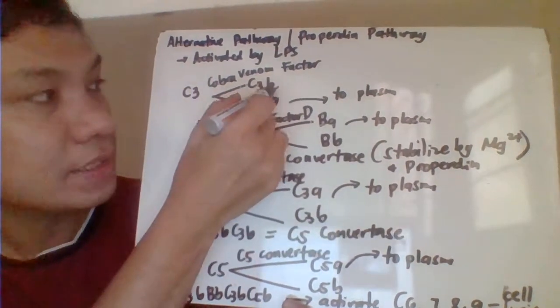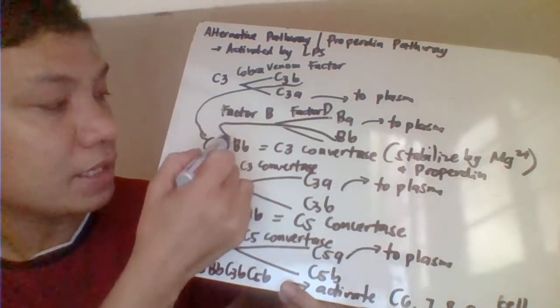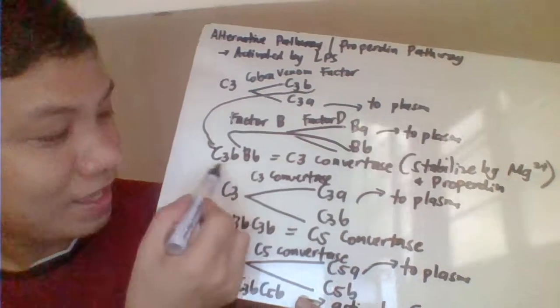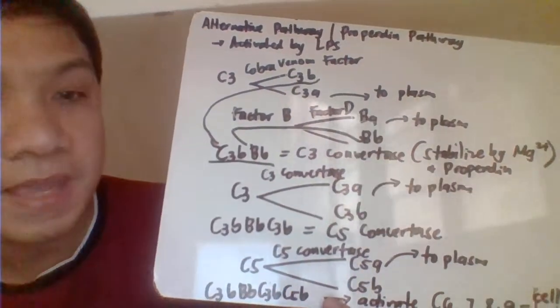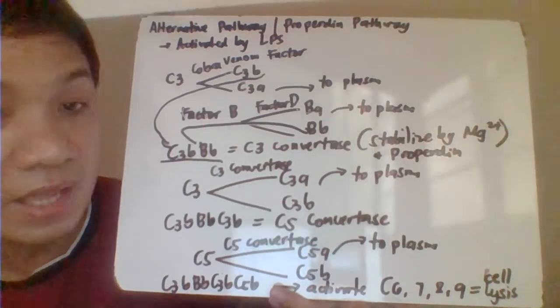Since earlier you had C3b here, and then another one, we have your Bb retained here. What you have here is C3b, Bb, and you call that your C3 convertase.